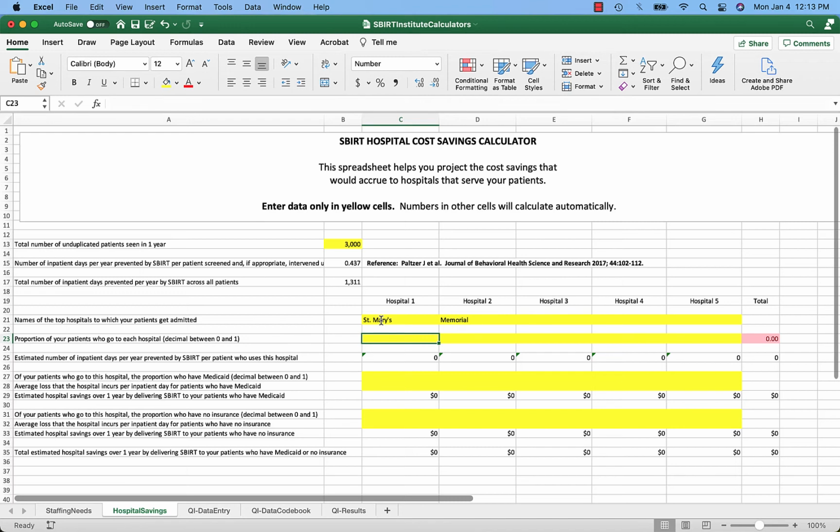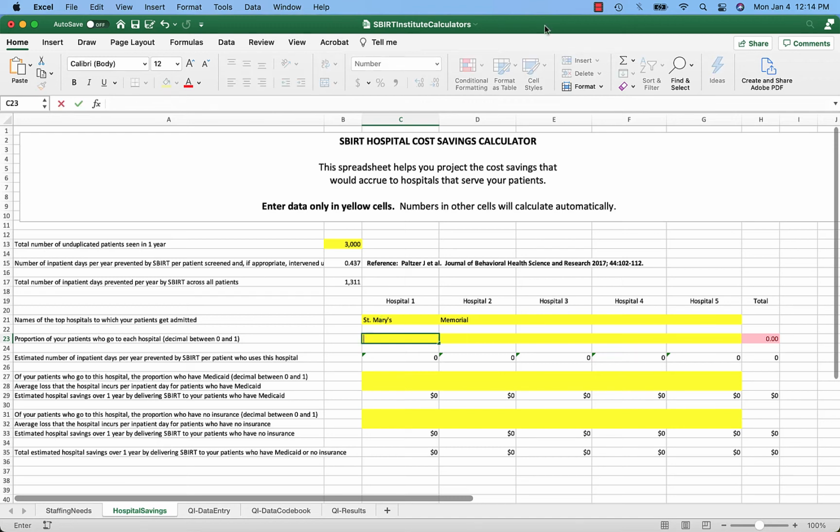In row 23, please enter the proportion of patients who go to each hospital using decimals between 0 and 1. The sum of these decimals appears in cell H23 and should add up to 1. If so, 1 is shown in green. If not, the sum is shown in red, as it is now.